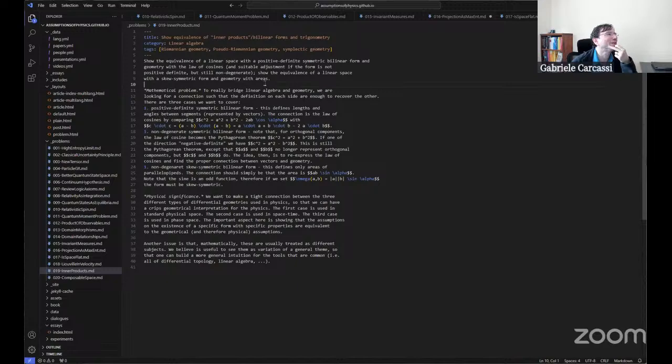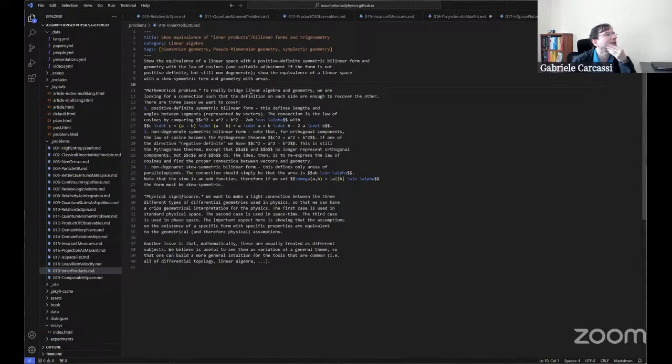Show the equivalence of a linear space with a positive definite symmetric bilinear form and the geometry of the law of cosine, with a suitable adjustment if the form is not positive definite but still non-degenerate. Show the equivalence of a linear space with a skew-symmetric form and the geometry of areas. I think I already had this in my head. What did I want to do here?